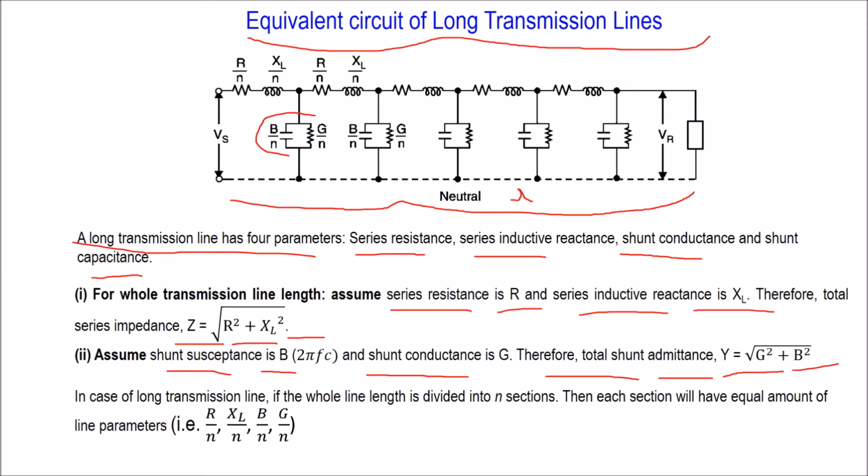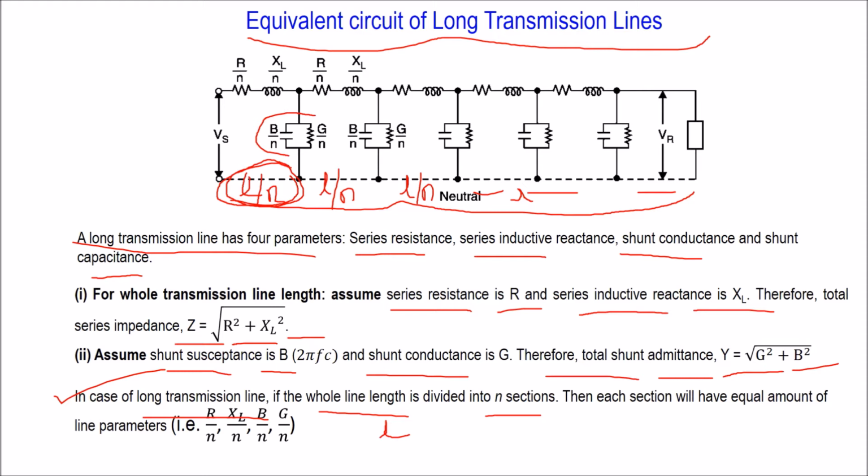right? Now, in case of long transmission line, if the total line length L is divided into n sections, so this is one section length, this is one section, this is one section until n section, right? So we consider each section has the same amount of line parameters.